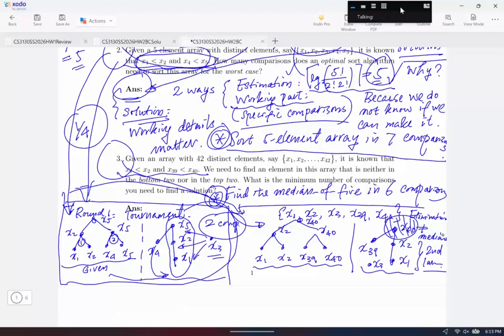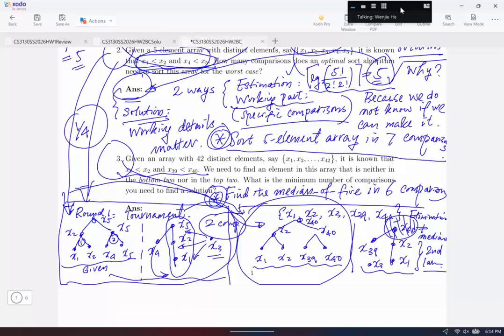Here you do not need to repeat, but if you are familiar with all these steps, you know that you only need information from the first round, because the given condition can be completely used in the first round to save you 2 comparisons.